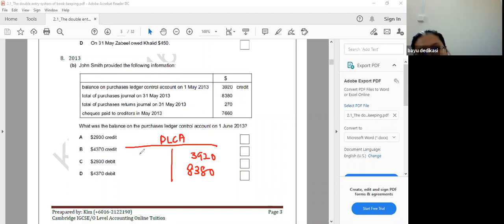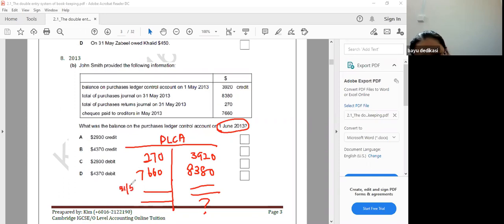Purchases returns, 270. Check paid to the credit suppliers, 7660. So what is the balance? Why are they asking for this amount? Because this is the first. If they were asking for 31st May, then it would be in here.